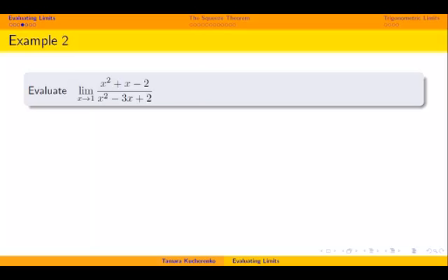Our next example is to evaluate the limit as x tends to 1 of x squared plus x minus 2 divided by x squared minus 3x plus 2. First, we try to substitute x equals 1.